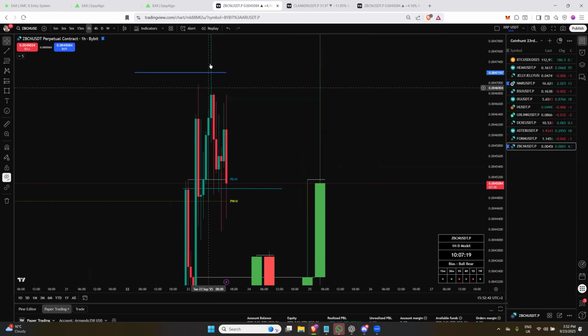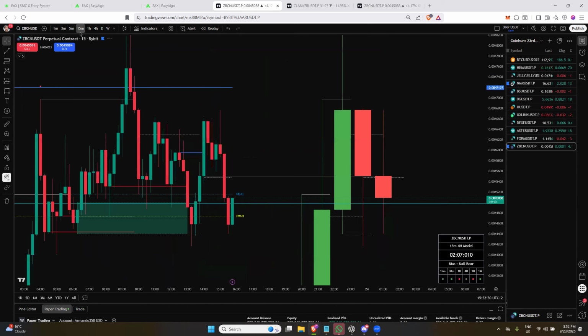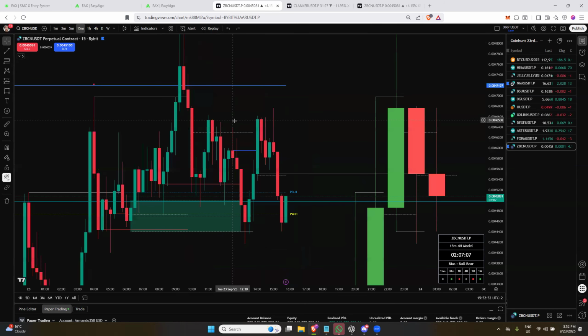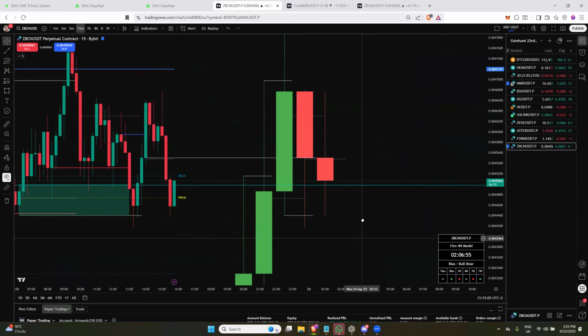So you had a strong manipulation to the upside, and here's a break to the downside. This could have been a retracement, but if you have a look, that's on the 1 hour, I suppose. So here we go. That would have been a great retracement, but here's your equilibrium level. A candle close above the equilibrium level generally indicates a reversal, but it is moving to the downside.